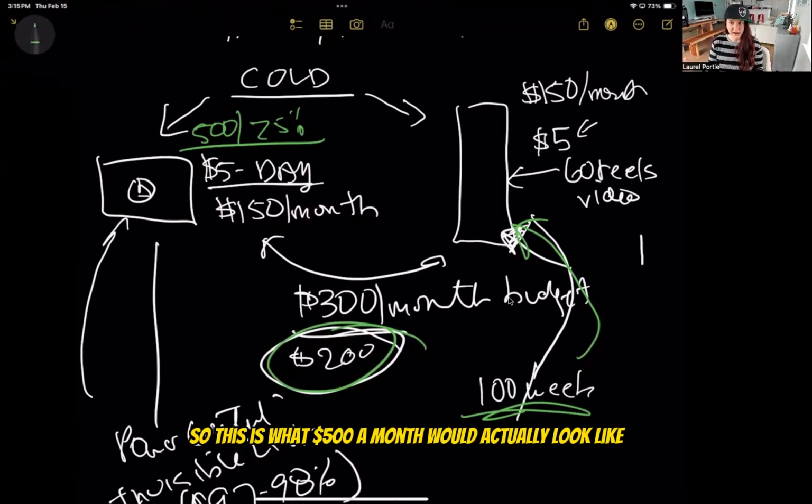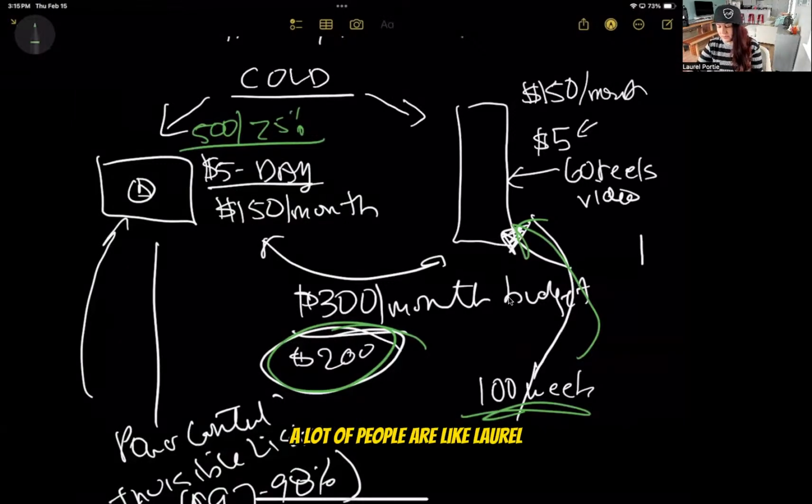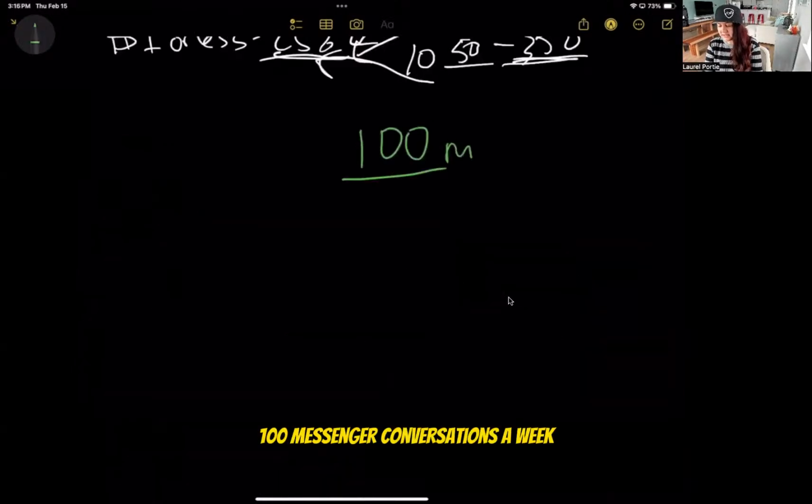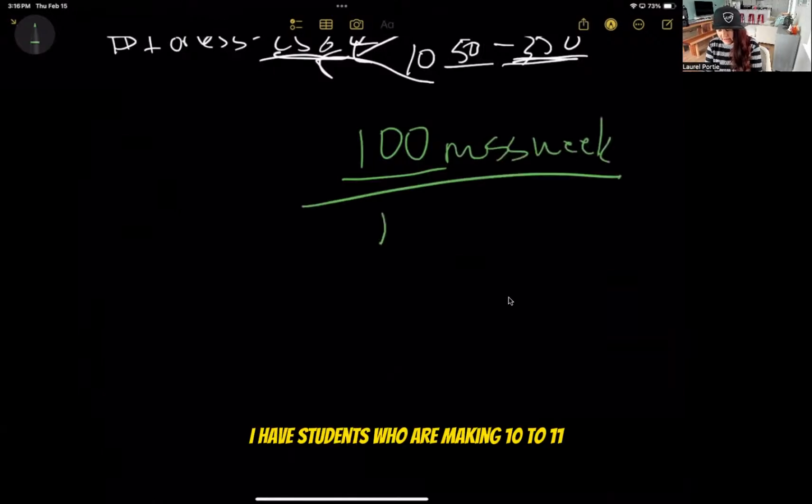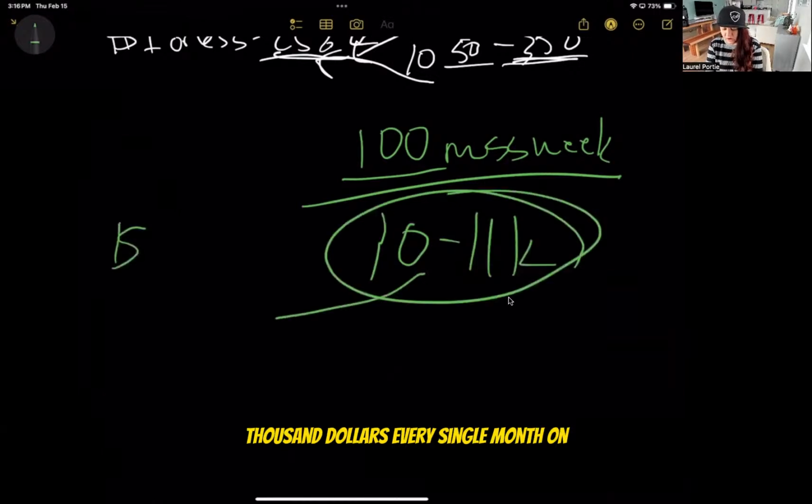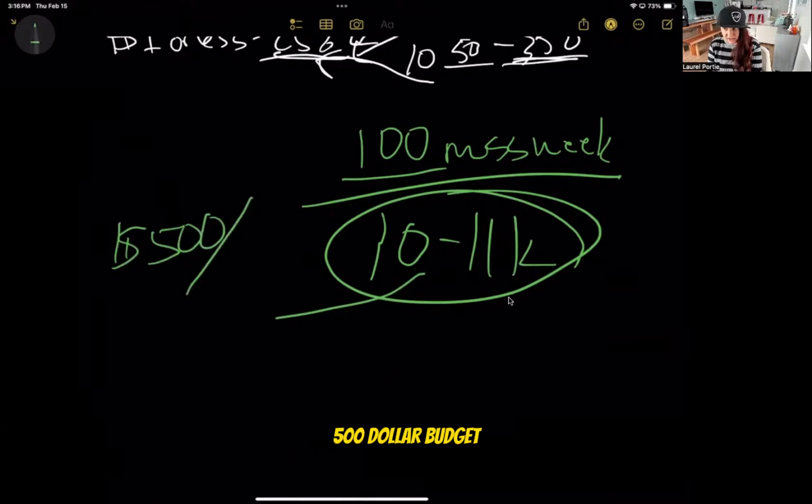So this is what $500 a month would actually look like. Now, here's the thing. A lot of people are like, well, Laurel, that's not much stuff. If you think about it, 100 messenger conversations a week, I have students who are making $10,000 to $11,000 every single month on a $500 budget because of those messenger conversations.